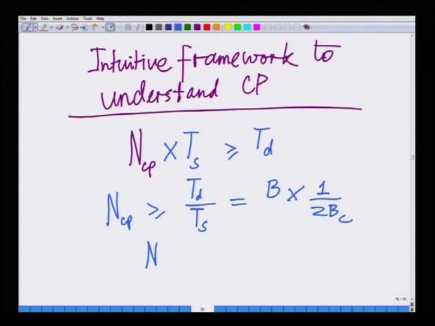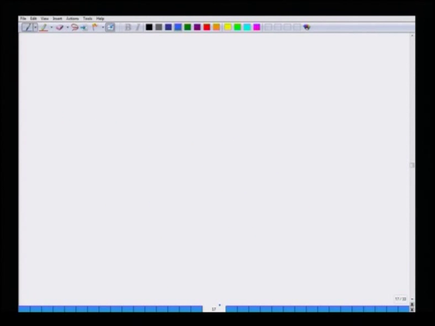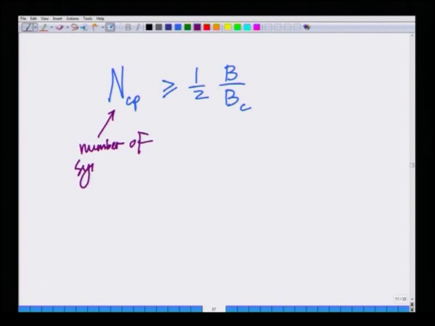Hence, what we are saying is NCP is greater than or equal to B by 2 Bc. So, intuitively NCP should be greater than half B by Bc. This is the number of symbols.